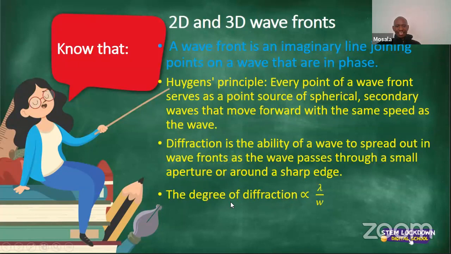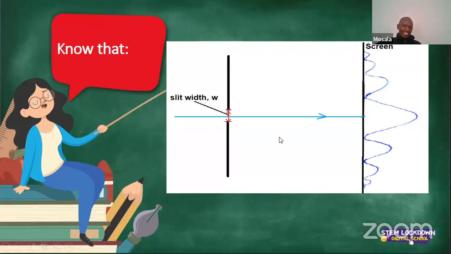So the degree of diffraction is inversely proportional to the slit width. Here lambda is the wavelength, which we should know, and W is the slit width.